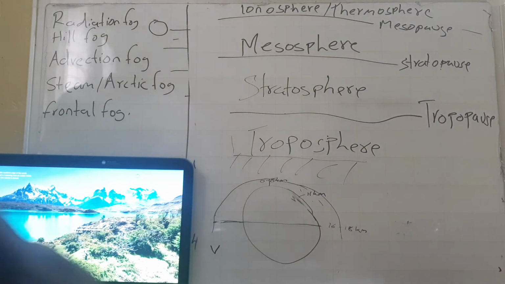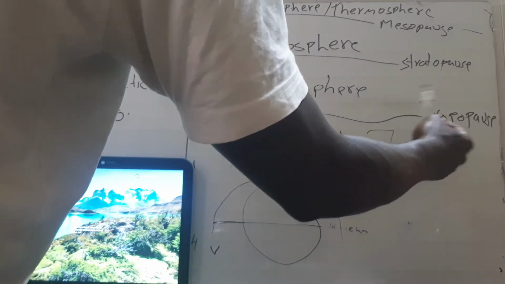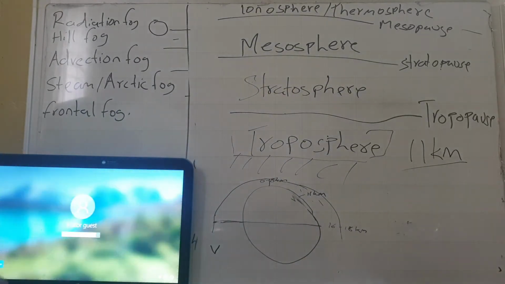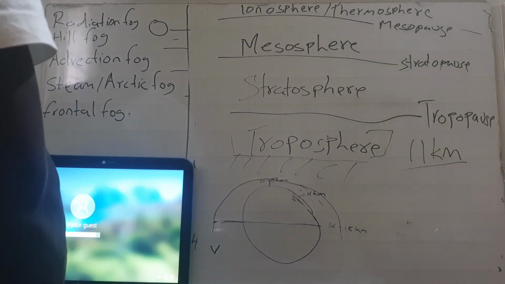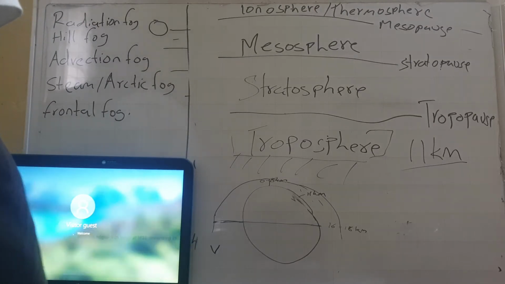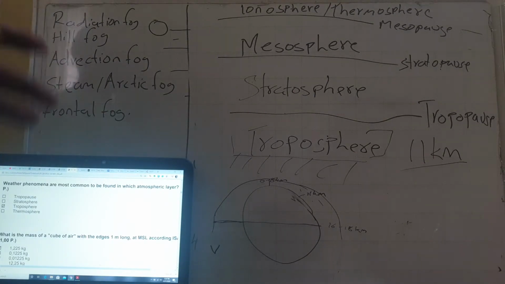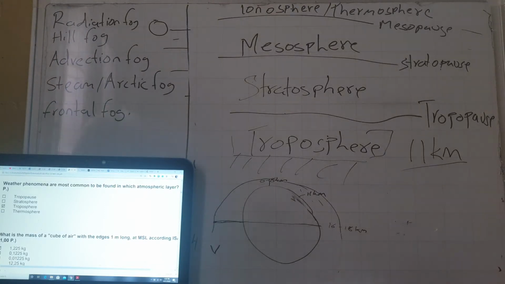In ISA, they take the height of the troposphere to be a general height of 11 kilometers. That is what we use in the International Standard Atmosphere. For those of you who are not doing aviation, the International Standard Atmosphere is the ideal atmosphere where planes are meant to fly, and it's given by the body of the UN that deals with aviation, the International Civil Aviation Organization, initialized as ICAO.